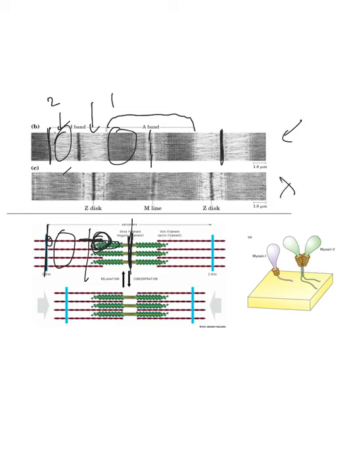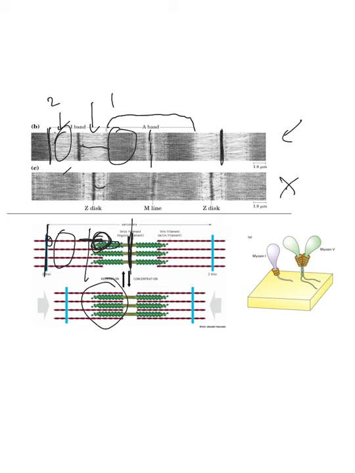Here is a contracted electron micrograph. So what you'll notice is that the I band looks a lot thinner. Okay, look at the thickness of the I band here in the uncontracted state. Look at the thickness of the I band in the contracted state. And the A band is a little bit bigger. And the reason for that is now there is more overlap.